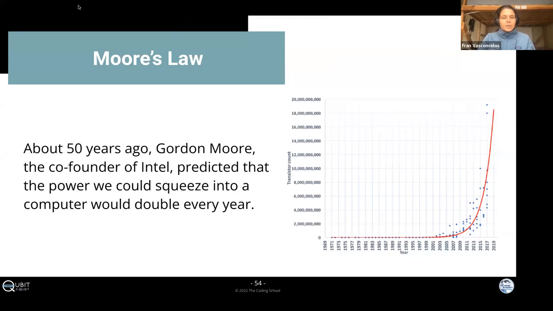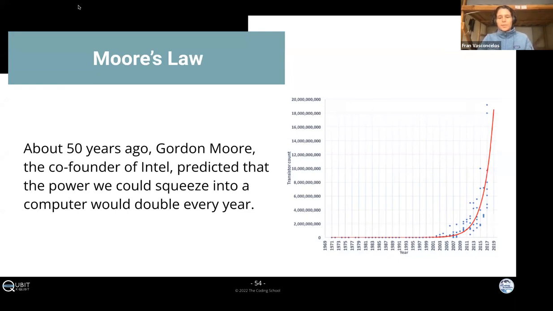About 50 years ago, Gordon Moore, the co-founder of Intel, which builds a lot of the chips that most modern laptops and computers use, predicted that the power we could squeeze into a computer would double every year. On the right, you can see a graph with real world data of the number of transistors on chips, where transistors correspond to the fundamental bits that you can perform computation on.